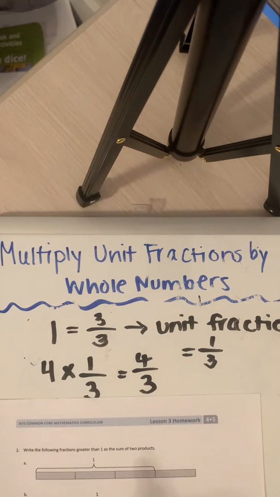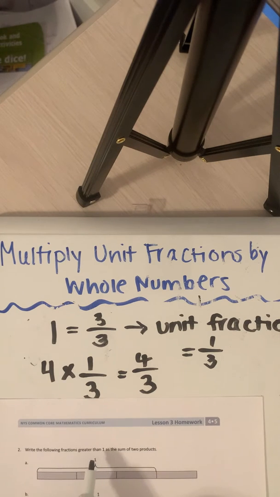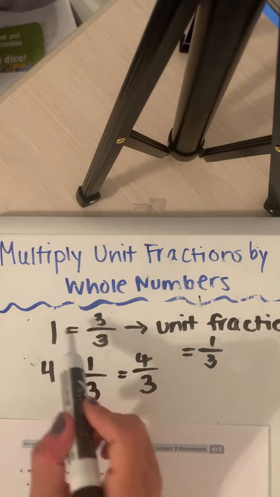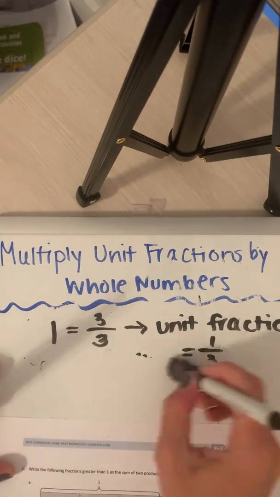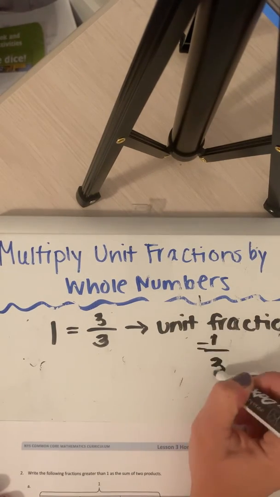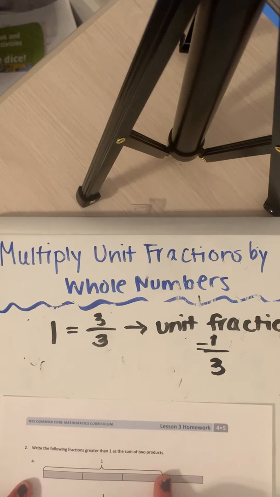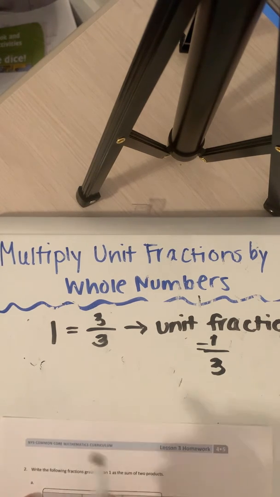Now I can actually write this in a different way. I can write it as the sum of two products, okay? So if I focus on what my 1 is first, I said that my unit fraction was 1/3. For my whole, I have 1, 2, 3 one-thirds.